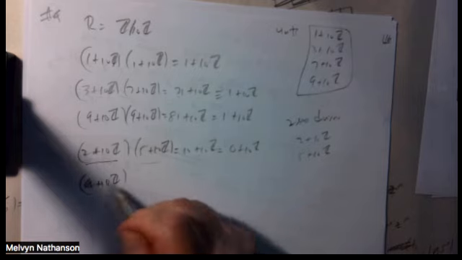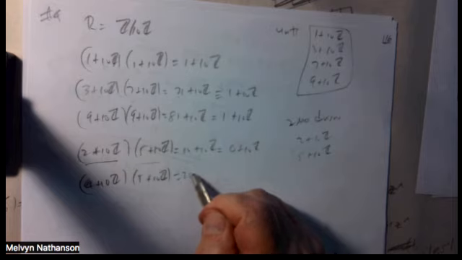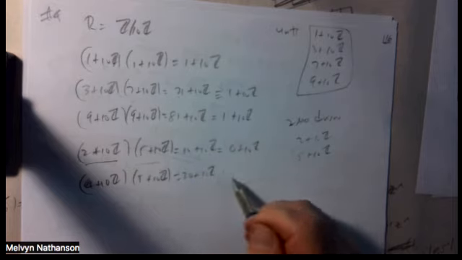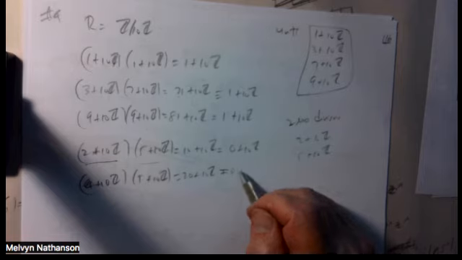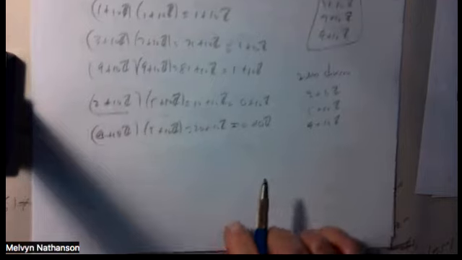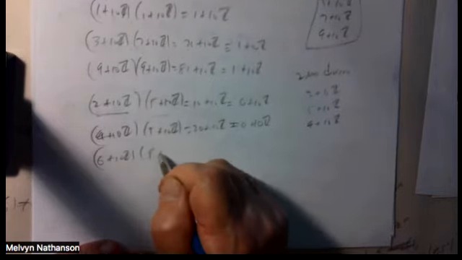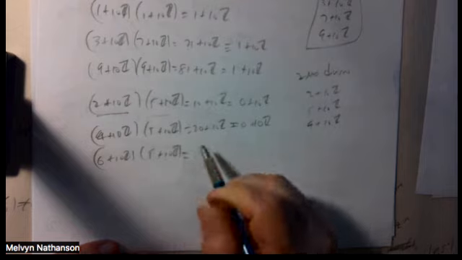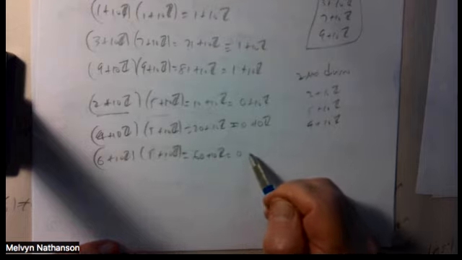4 plus 10Z times 5 plus 10Z is 20 plus 10Z. And again, 20 is congruent to 0 mod 10, so this is 0 plus 10Z. So 4 plus 10Z is a zero divisor. And in the same way, 6 plus 10Z times 5 plus 10Z is 30, which is the same as 0 mod 10.